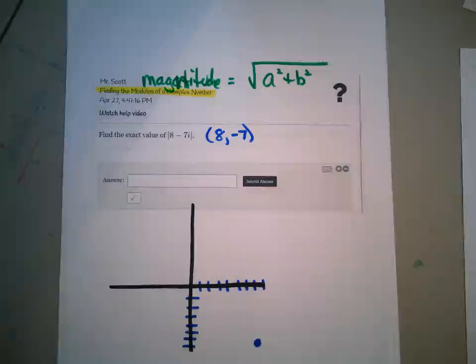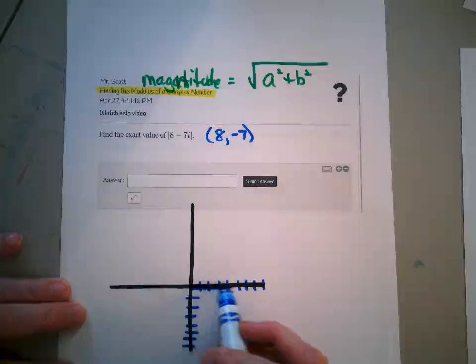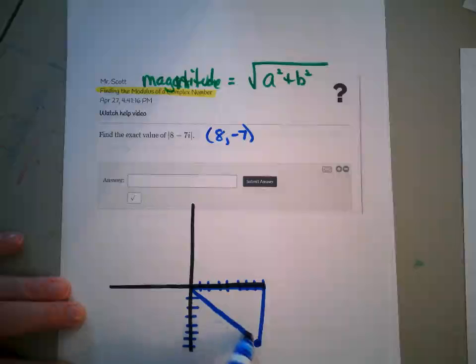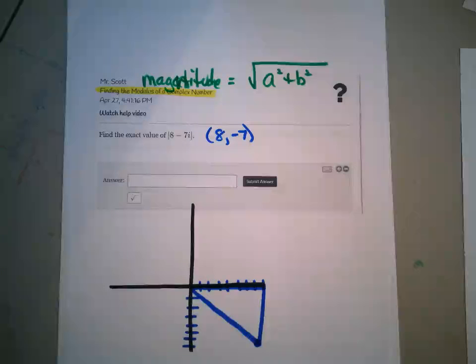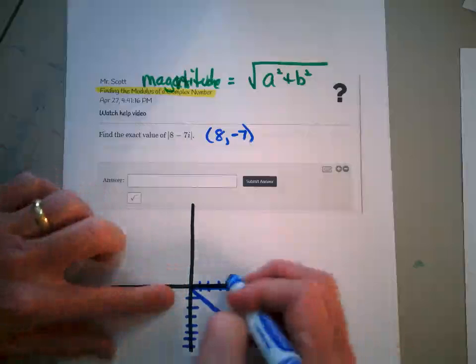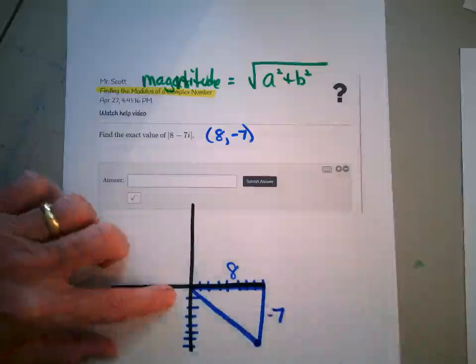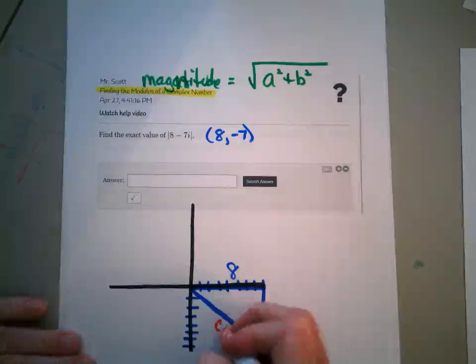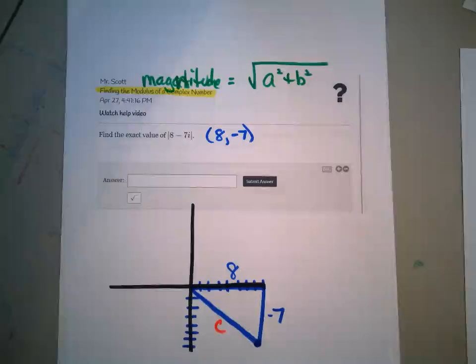Very much like we were doing earlier in the semester with trig, we'll draw a triangle that extends from the origin and the x-axis. So we had an 8 here and negative 7 there. What you're finding is this. I'll call it C, because in the Pythagorean theorem, that's what you're finding.